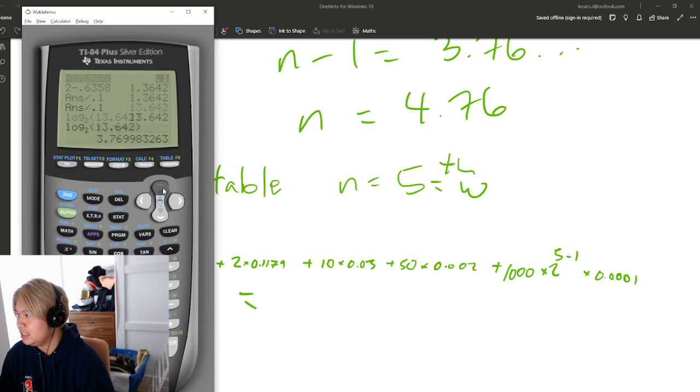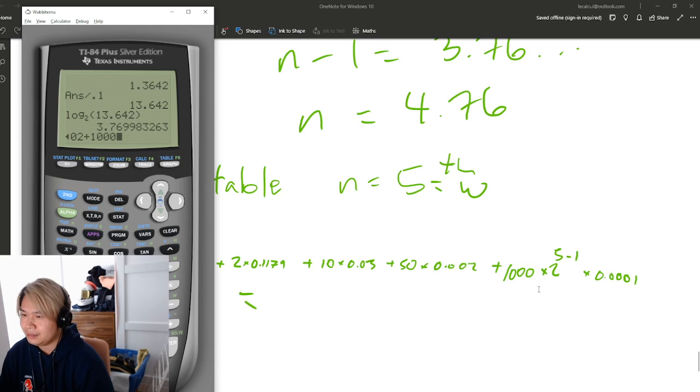Let me see if I can just cheat and copy from above. This one. Okay. So here's that 1000 bit, and then I'm just gonna multiply this by 2 to the power of 4, because 5 minus 1 is 4. And then, whatever. I'll just multiply this at the end by 0.001. And then I'll get 2.2.